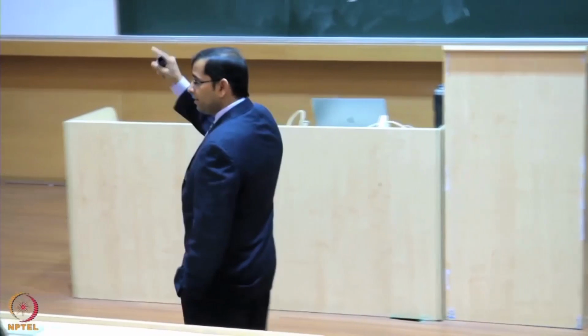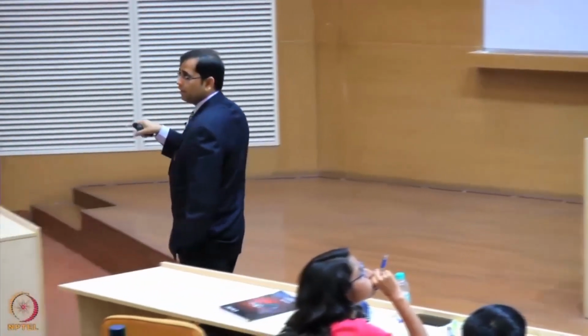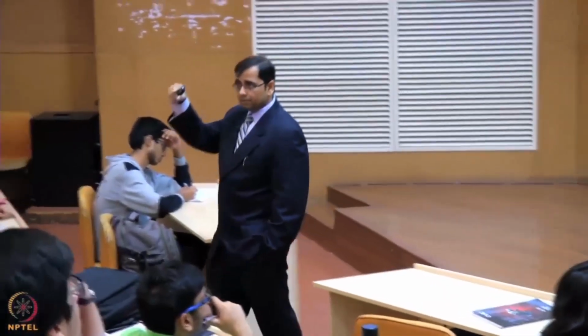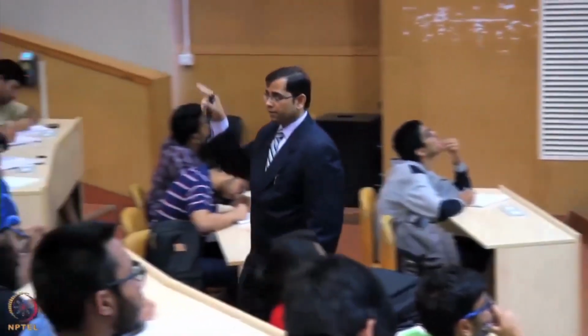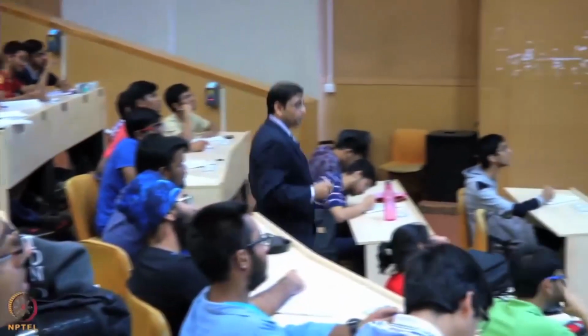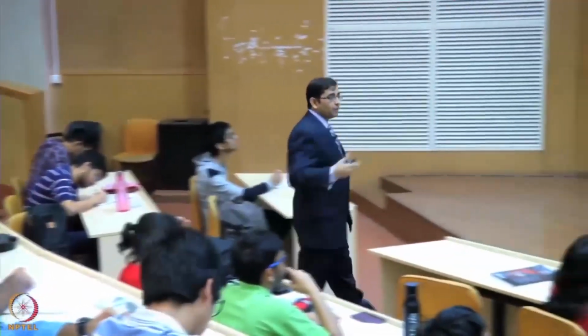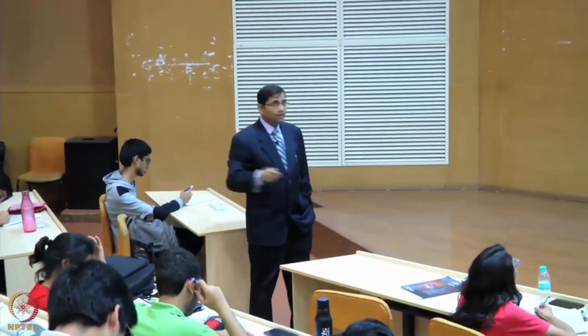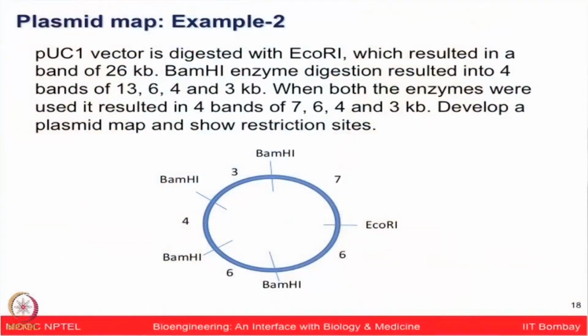Just first draw a circle, and for one enzyme, work out what the possible fragments are. Now, if you add another enzyme, where will those fragments fit? I am sure this is something which you can easily do. You have to just try out multiple possibilities of where these fragments can give you the right size fragments from both the enzymes, right.